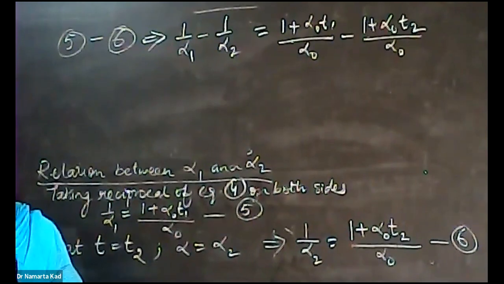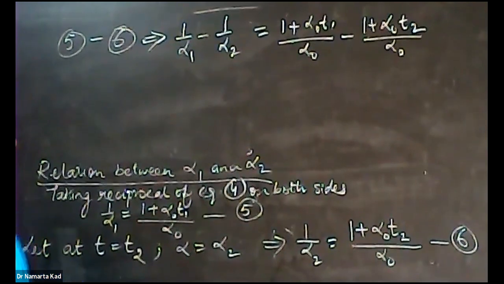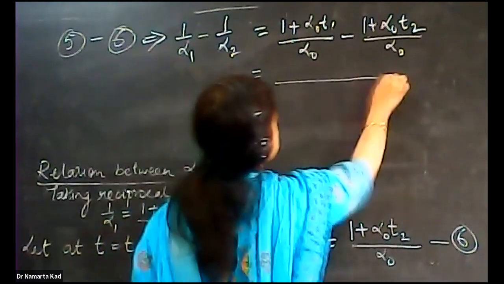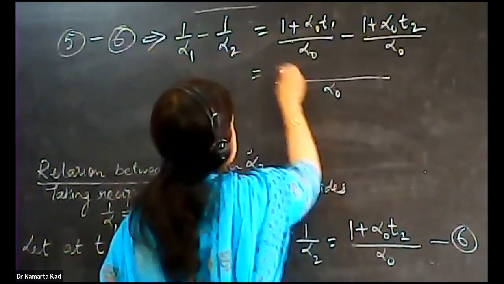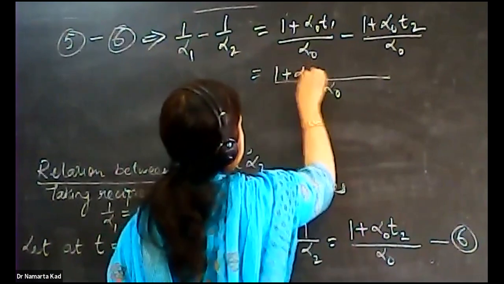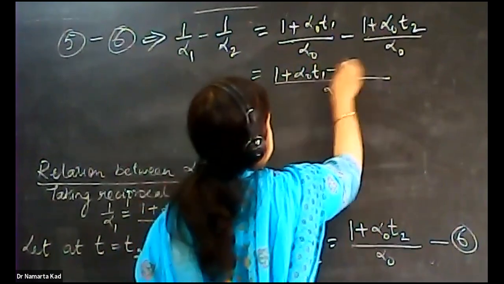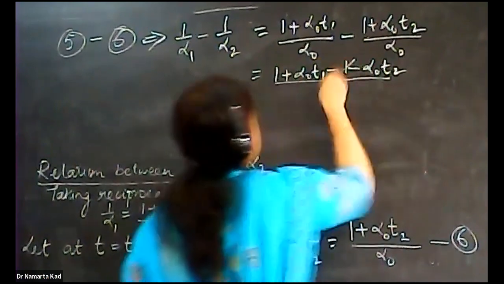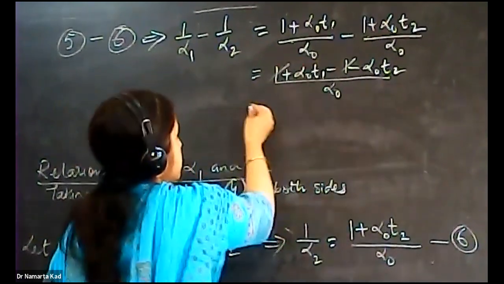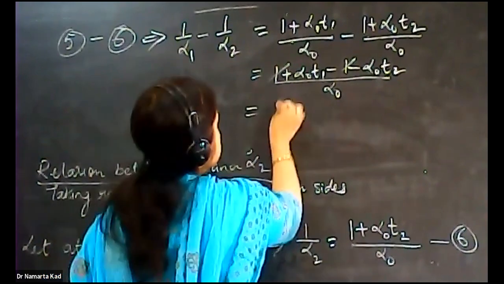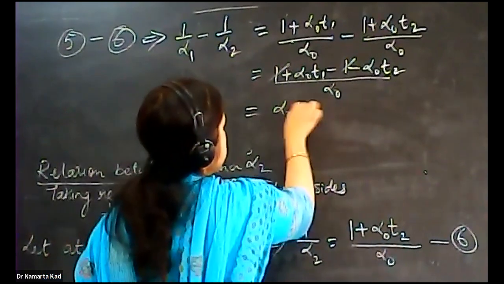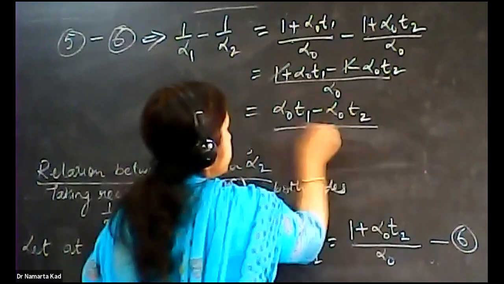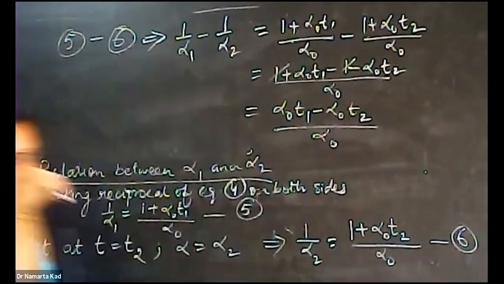Upon subtracting 6 from 5, solve this, it comes out to be alpha naught here, 1 plus alpha naught T1 minus 1 minus alpha naught T2. So this one cancels out. So it comes out to be alpha naught T1 minus alpha naught T2 divided by alpha naught.